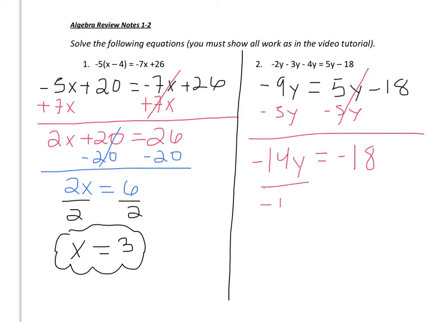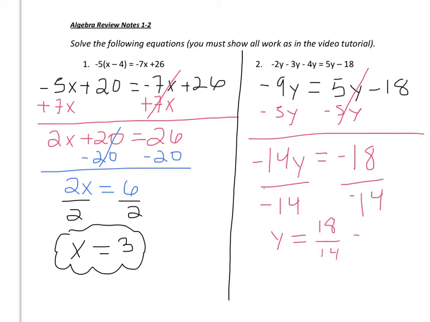Okay? Now again, I want to get y by itself. I divide by -14 because it has a -14 in front of it. Oops. Let me correct that real quick. There we go. -14, and then y equals -18 divided by -14, negative divided by negative is positive, so then this is 18 over 14.